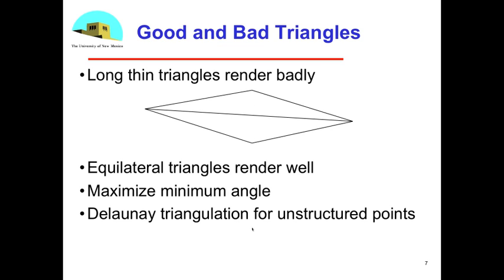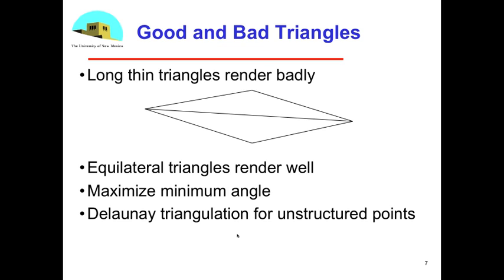If I give you a bunch of points, I go out there with something like a laser scanner, and I just get perhaps millions of points, and I want to form a triangular mesh that I could render. I want to get a good mesh with good triangles. There's something called the Delaunay triangulation, which in a mathematical sense will give you the best triangulation, because it will maximize the minimum angles of these triangles.